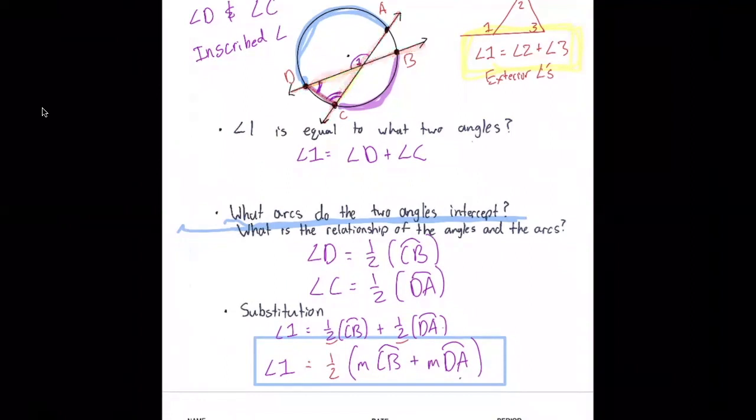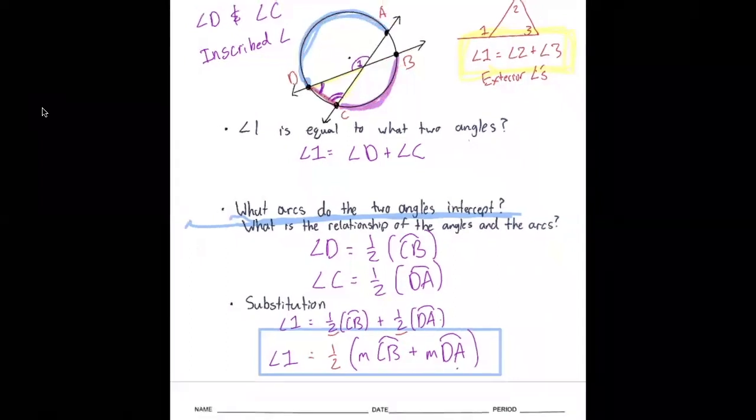And then you kind of just ask yourself, what do those two lines intercept? It intercepts those two arcs, the purple arc, CB, and DA. And then boom, that's your formula. Give me a thumbs up if you're cool with that.